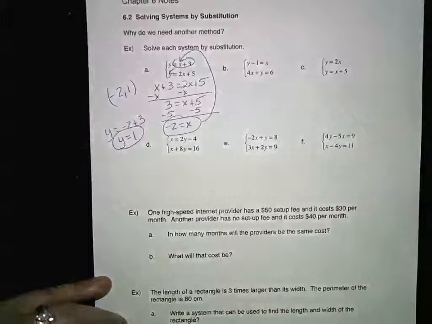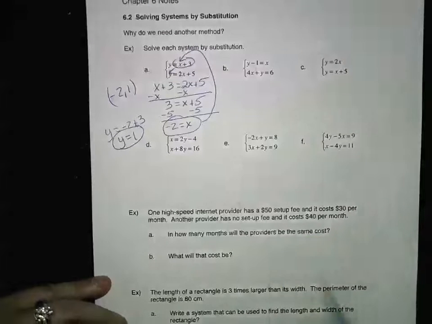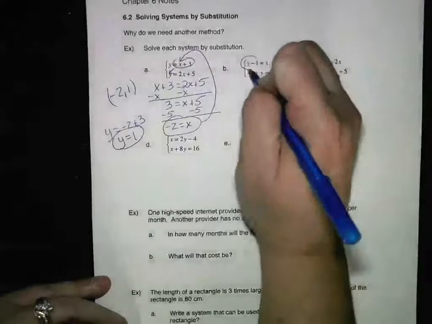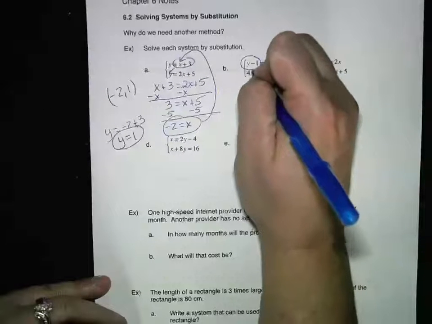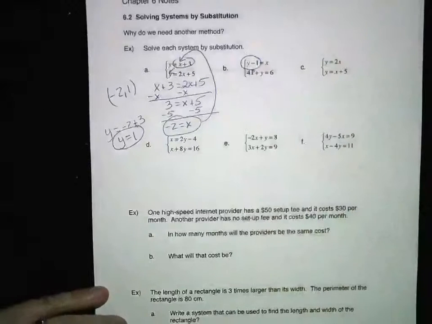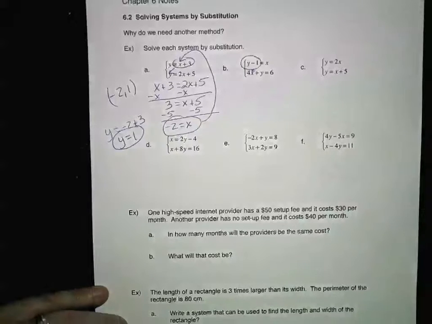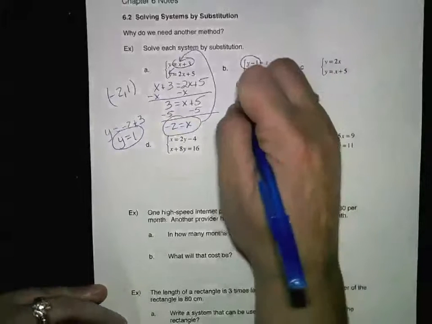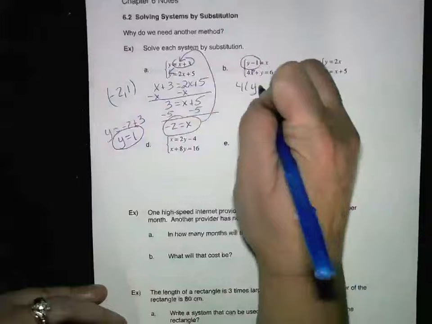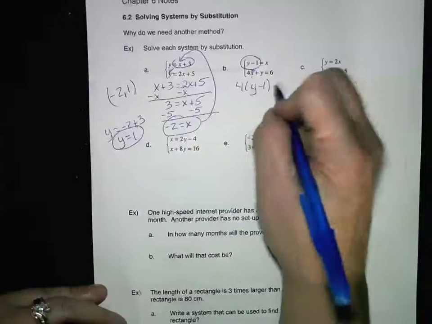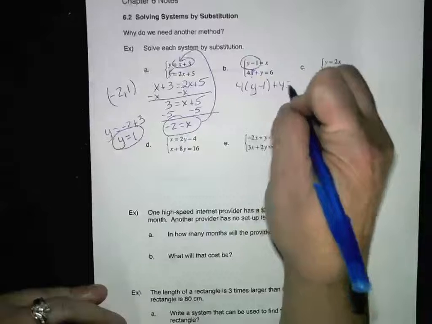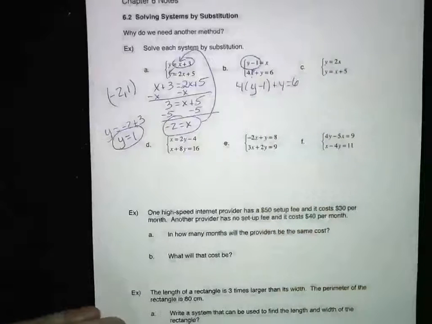Letter B, that whole y minus 1, that equals x. So I'm going to take that and put it in place of that x. I'm going to substitute it in place of that x. And you will have 4 times y minus 1, that went in place, plus y equals 6.